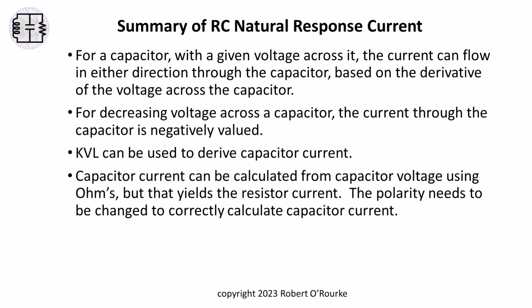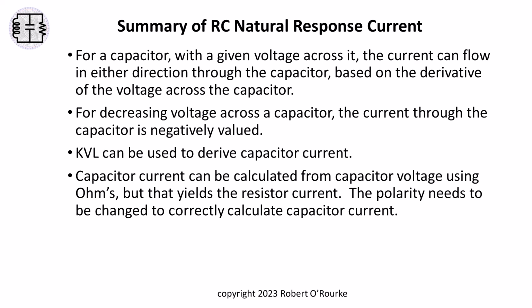For a capacitor with a voltage across it, the current flowing through the capacitor can flow in either direction, depending upon the derivative of the voltage across the capacitor. For a capacitor voltage that is decreasing, the current through the capacitor is negatively valued.